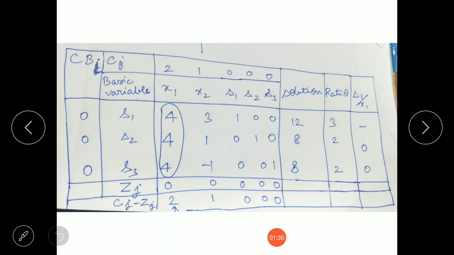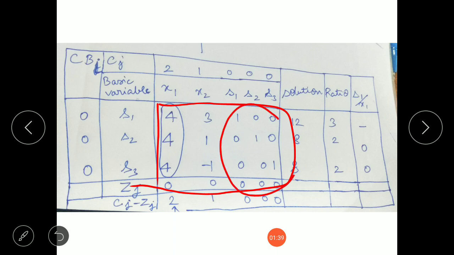That is, we'll start with the newly introduced slack variables. This is the matrix for the newly introduced slack variables. So when a degeneracy has occurred, the next step is dividing the first column of the slack variable matrix by the key column.